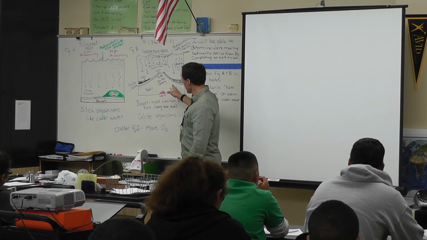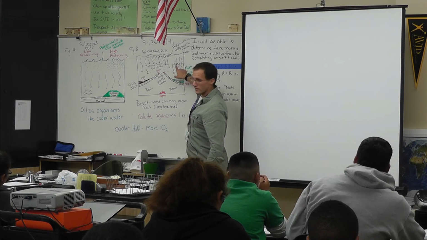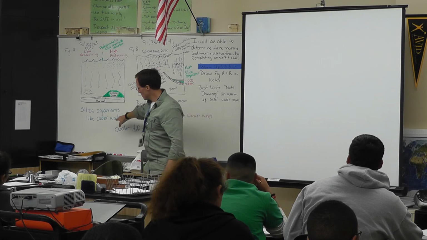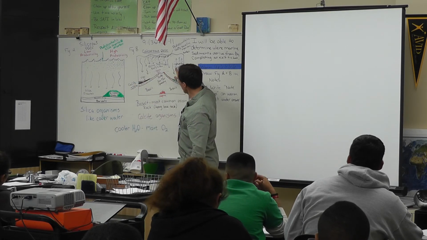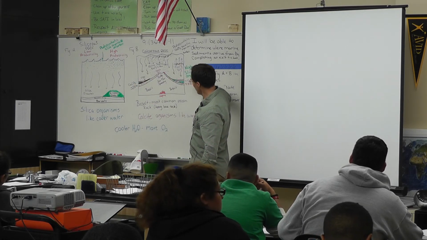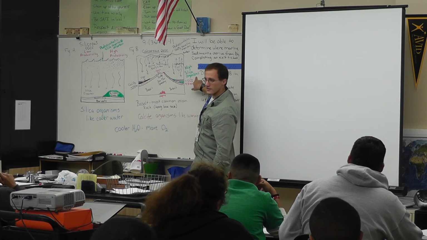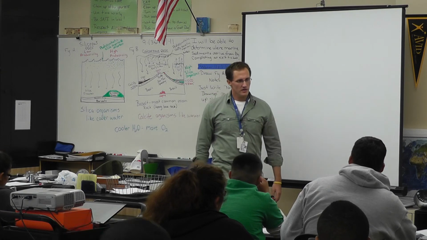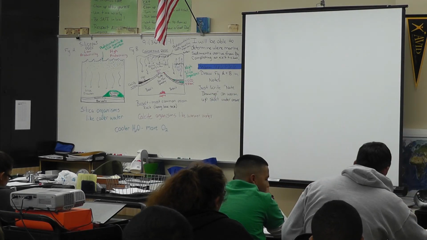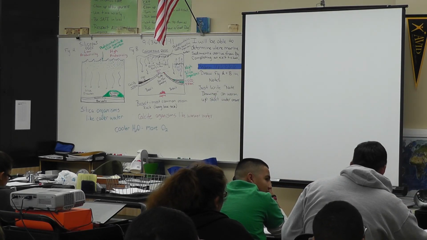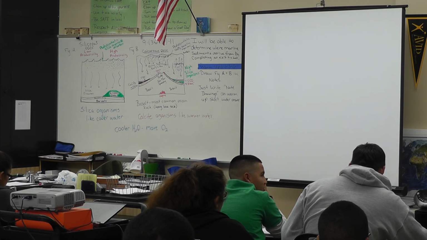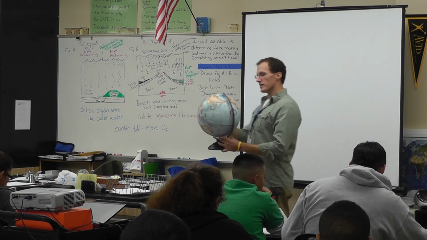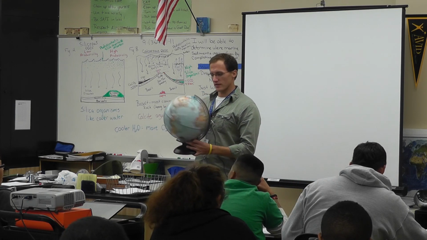So if you have cold water rising, which kind of organisms prefer cold water? So what are we going to have a lot of in areas where you have cool water? High silicon organisms. Remember what silica organisms were? Diatoms and radiolarians. All right, let's take a quick latitude longitude lesson.